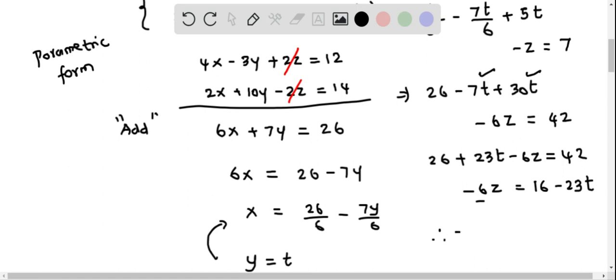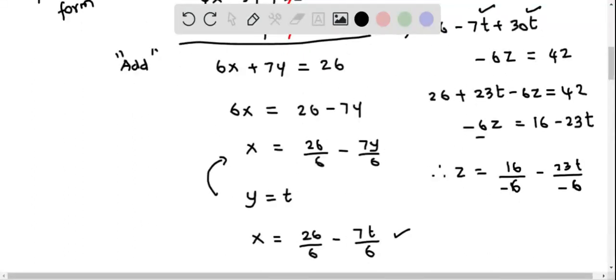So therefore z equals 16 over negative 6 minus 23t over negative 6. And this equals z equals negative 16 over 6 plus 23 by 6 t.